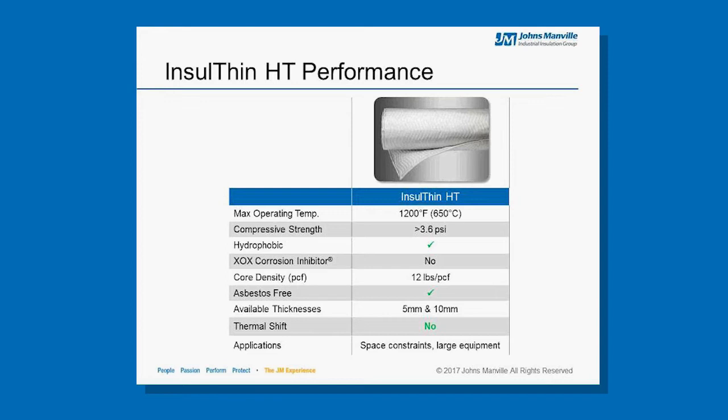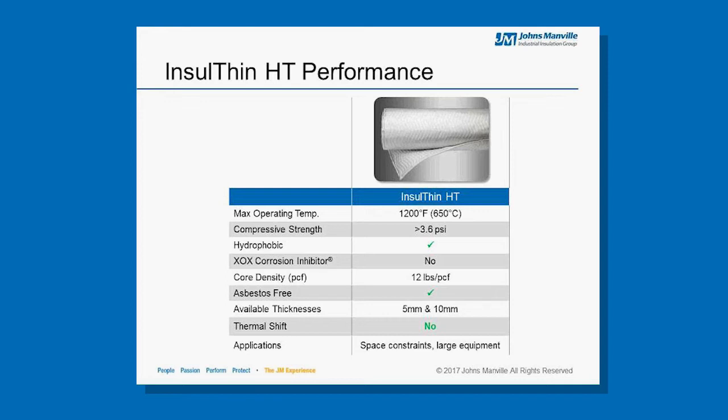When we look at the performance of this product, the compressive strength is lower than both calcium silicate and expanded perlite. However, it does have a thinner profile, so it's closer to the pipe. Therefore, you get a little bit more performance from a support standpoint.